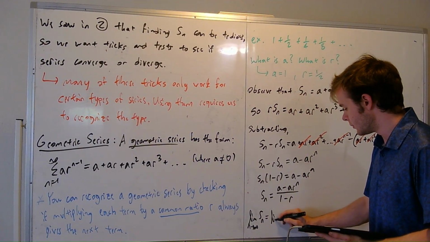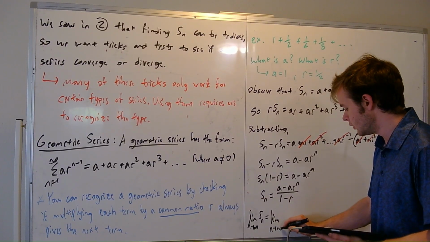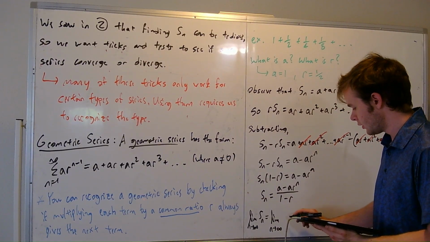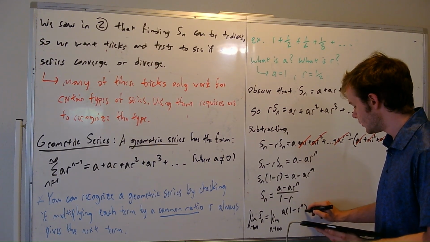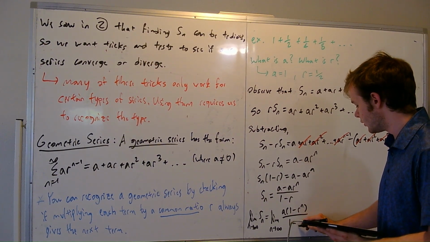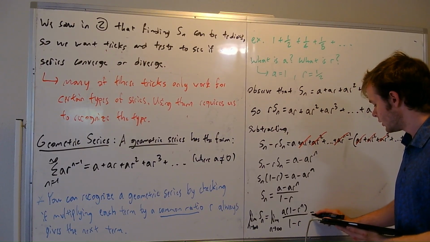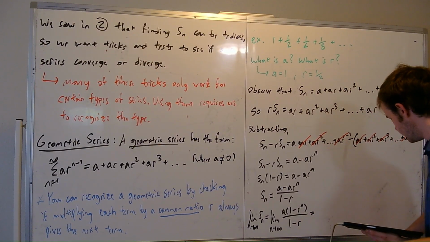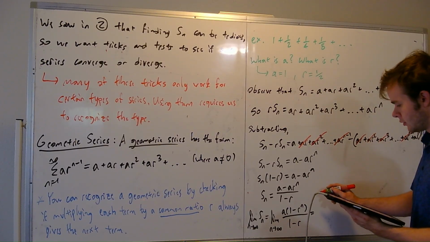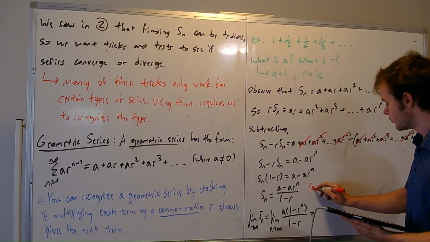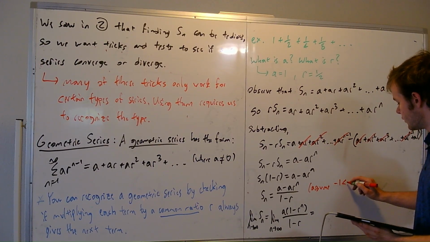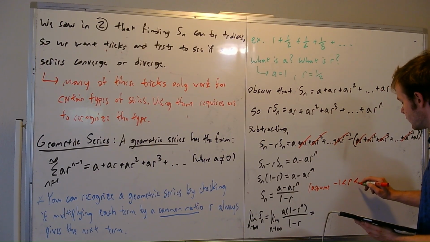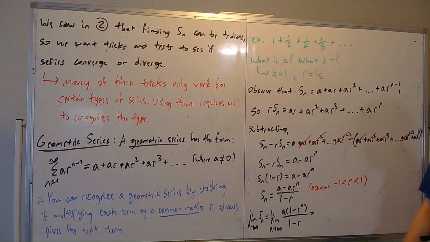So this is the limit as n goes to infinity of a times 1 minus r to the n over 1 minus r. And let's go ahead and assume that negative 1 is less than r is less than 1. So we're going to make that assumption.